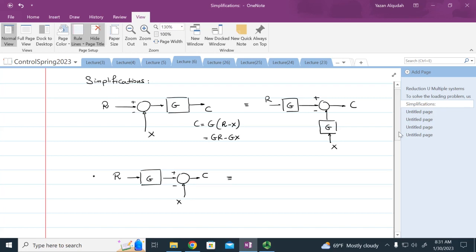Now what if I have a G like this, and I want to move this G until after the adder? What do I have to do? So I'm saying, what if I want to change this representation to the following? This is a G and this is a C. What should go in here?